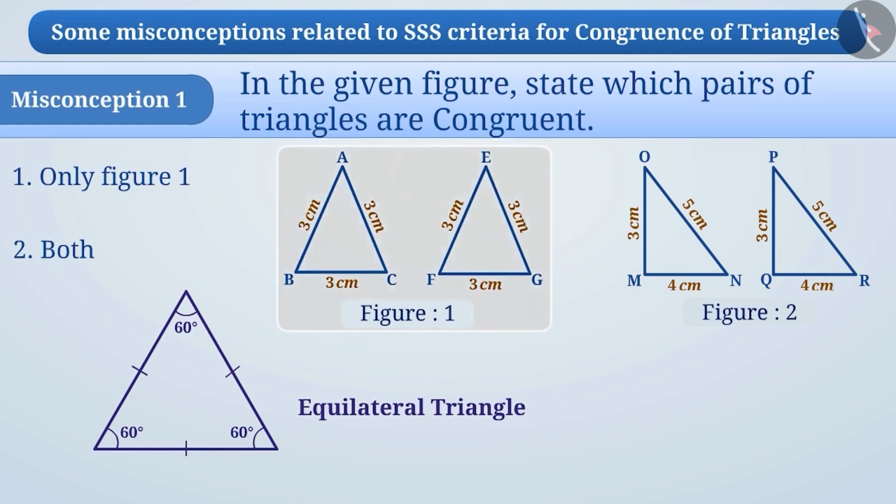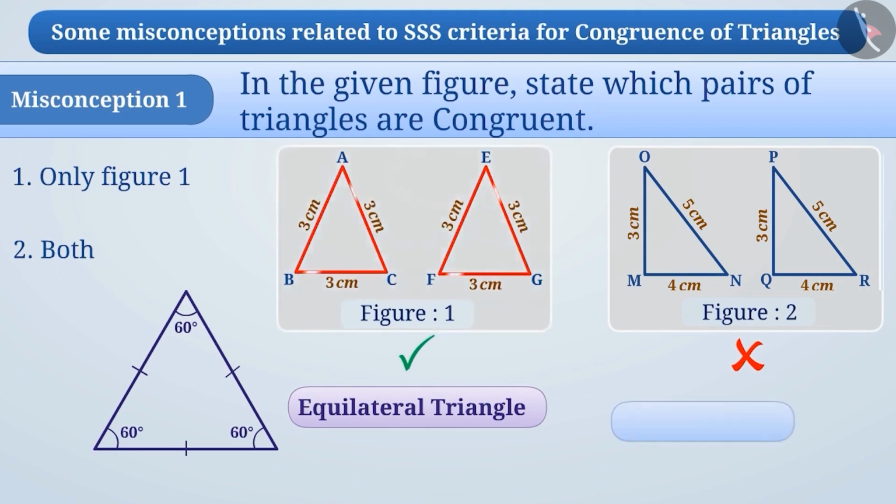In the first figure, they say that both triangles are equilateral triangles, and in the second figure, they see that the triangles are not equilateral triangles, so they misjudge that only the triangles in figure 1 are congruent. With this understanding, they select option 1, which is an incorrect answer.